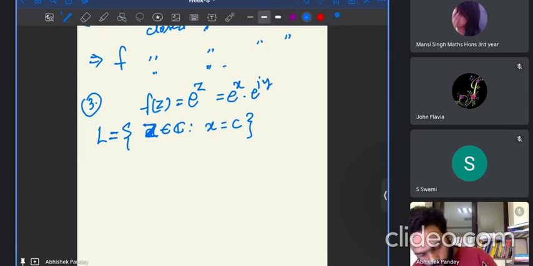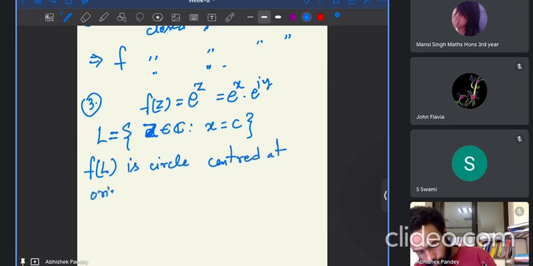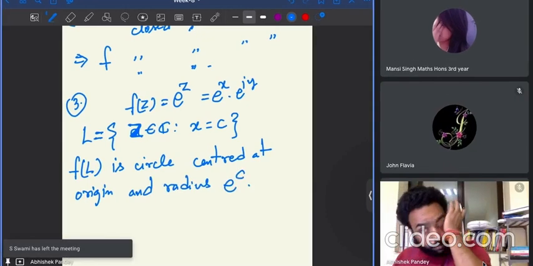So you can see f of L is a circle centered at the origin with radius e to the power c.